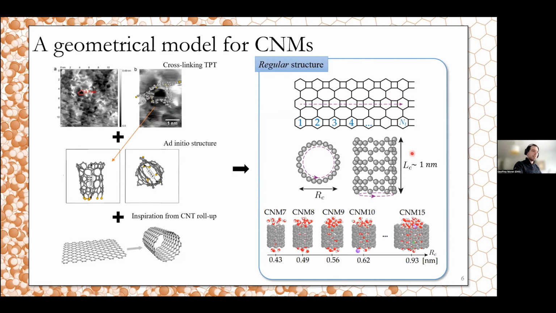The length of this nanopore will be fixed, given by the length of TPT molecules, which is around 1 nanometer, as I said previously, and the radius will range between 0.5 and 2.0 nanometers, depending on the number of TPT molecules that you align in the layer.